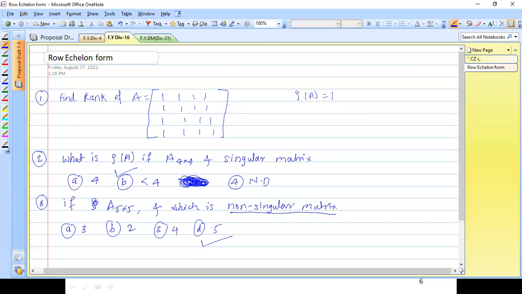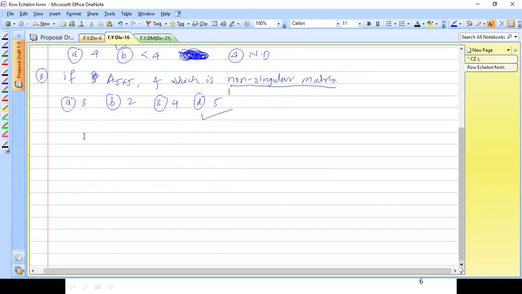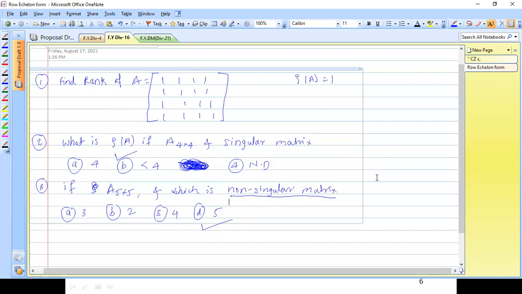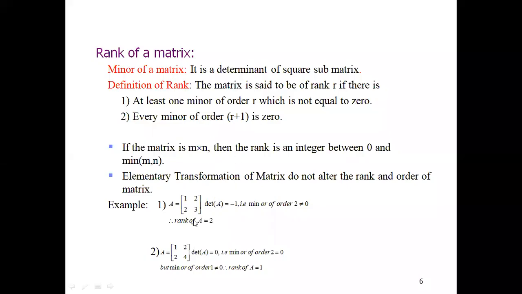Now the main important point comes to the next example. Please write down these examples with me in your notebooks, because later on I am going to erase everything. I am going to share a PPT and video lectures, and this PPT has different examples.